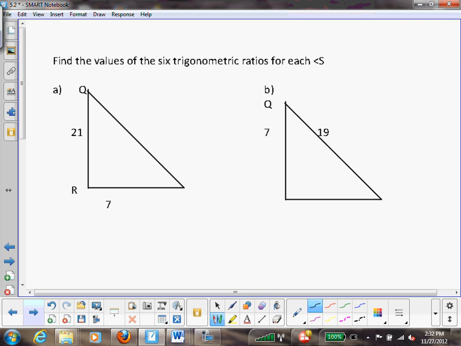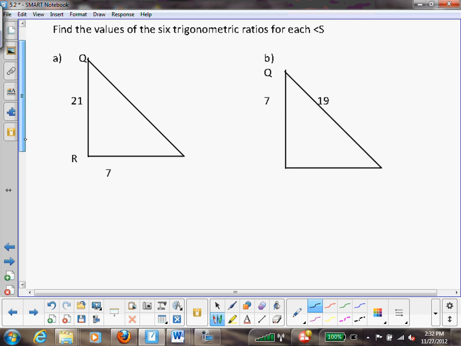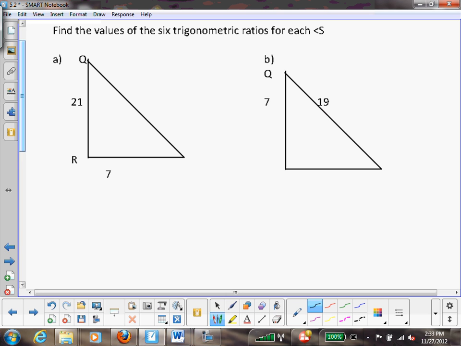Okay? All right, so find the 6 values of the trig ratios for each angle S. Well, here's my angle S here. Okay, these are right triangles, right? So here's how you have to write this. I want the sine of S, the cosine of S, the tangent of S. And then write the reciprocal across from each of the given.